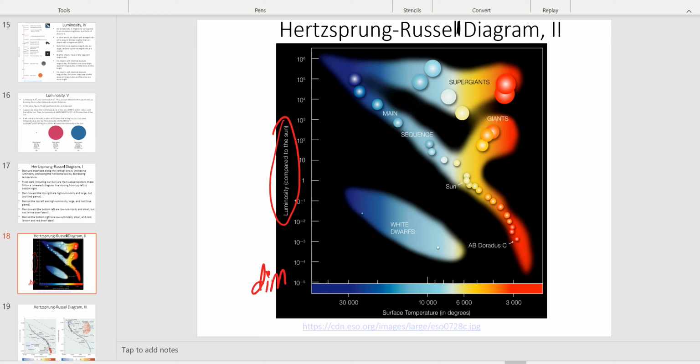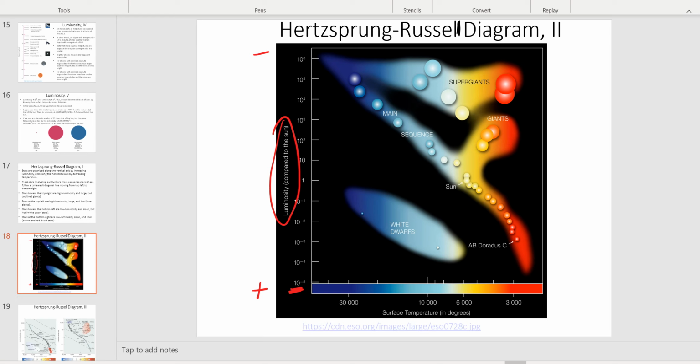I apologize, it's late. I forgot that we have dim stars down here. I momentarily forgot about that. I mentioned that it's negative down here. It's actually positive numbers down here and negative numbers up here.